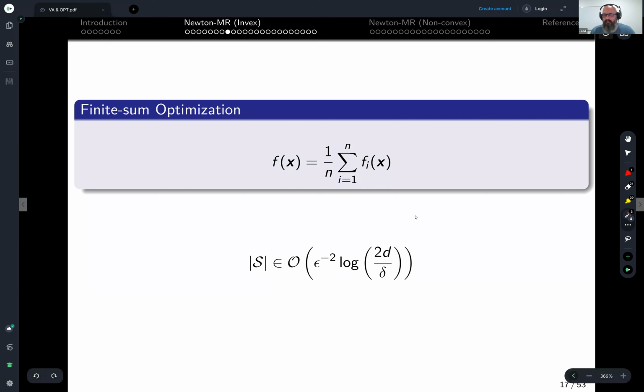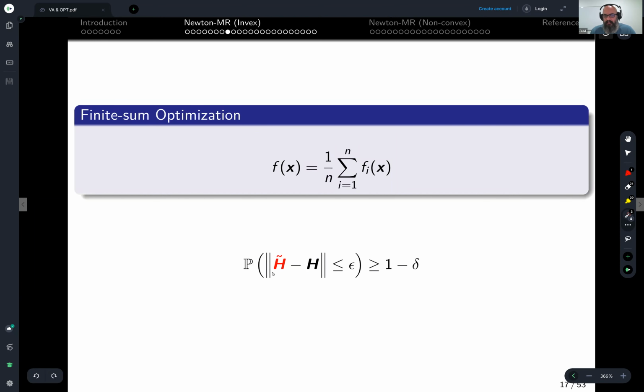And it turns out if the random sample size is large enough, within the tolerance of, let's say, epsilon and some probability tolerance delta, then you can guarantee that the subsampled Hessian satisfies your desired tolerance epsilon with high probability, let's say 1 minus delta. So we can form approximations to the true Hessian to an arbitrary accuracy in a lot of machine learning problems, as long as we're willing to subsample large enough.